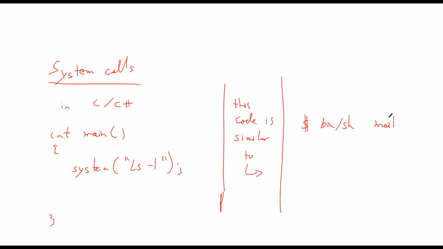Assuming here mail is just the program in the system for the email, right? Or whatever program you're running. So really, we're calling the shell, right? And we are calling a program. Make sense, guys? Usually you really just type this, right? And you just do that.